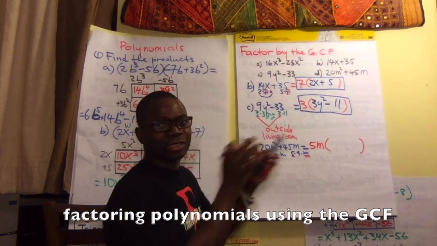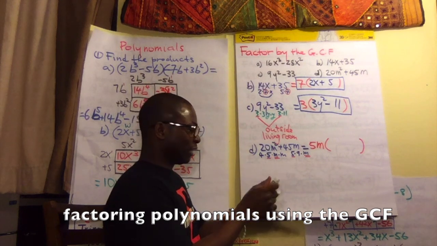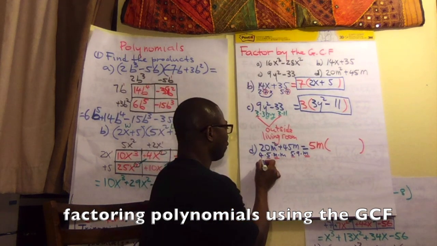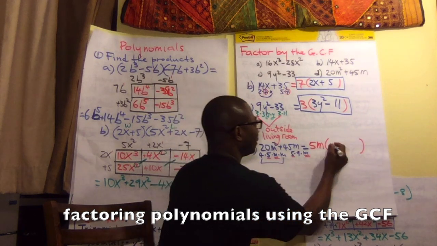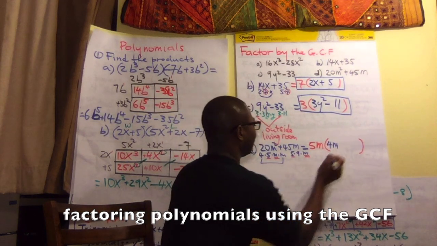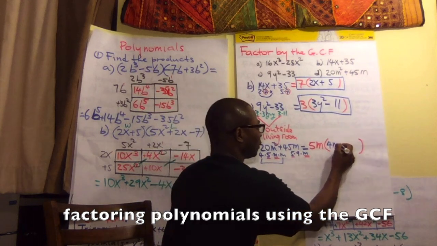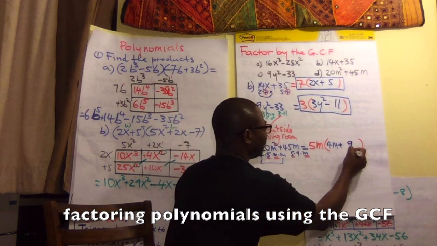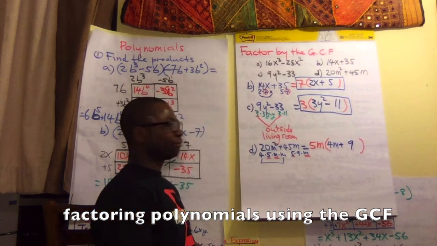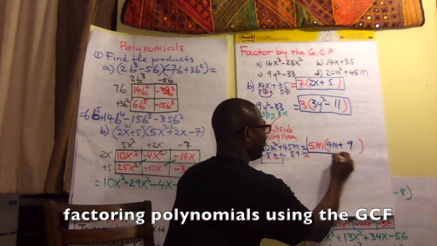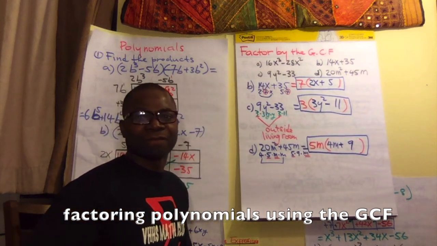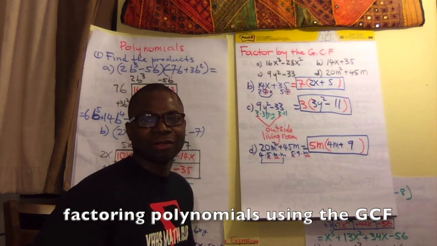Anything else goes inside the private room. So we have 4m plus, here we have 9. There's no m left. And this, my friend, is your answer. Okay, you just factor using the GCF, the greatest common factor.